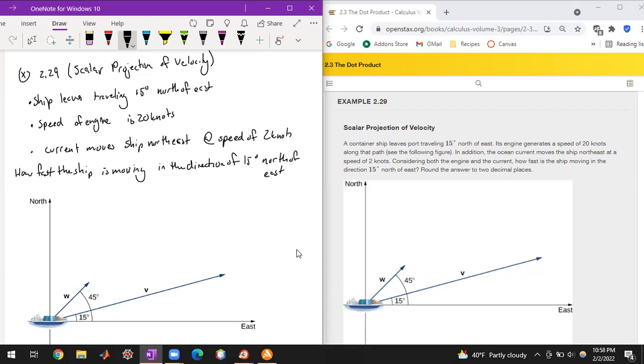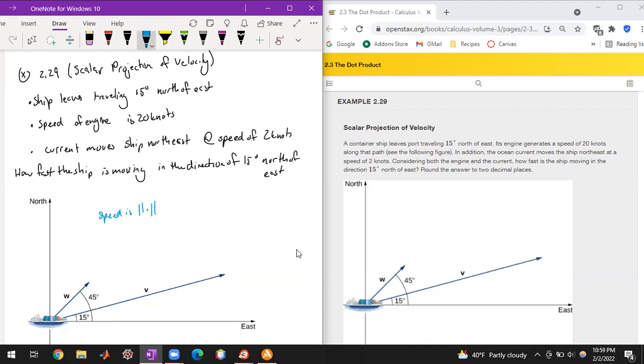We could certainly figure it out using the component rules that we discussed previously, that cosine sine business. But we're only interested in speed, so this is the magnitude. The speed is going to be the magnitude. We're not actually interested in finding the exact vectors. We're just interested in finding their magnitudes.